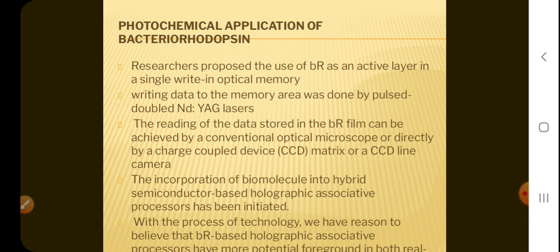The second application is the incorporation of the biomolecule into hybrid semiconductor based holographic associative processes. You can incorporate the BR layers on the holographic associative process, which can be useful in real time computing.